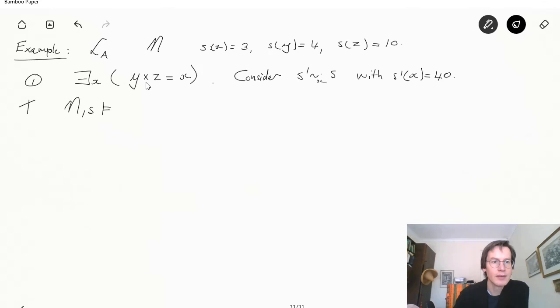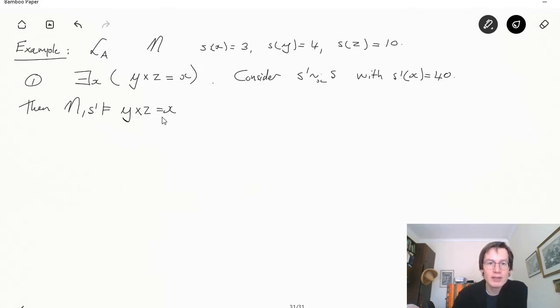Then S prime makes y times z equal to x. The structure N, relative to the truth assignment S prime, to say this properly, satisfies this formula, which is an atomic formula.